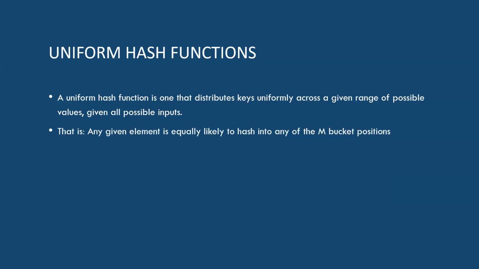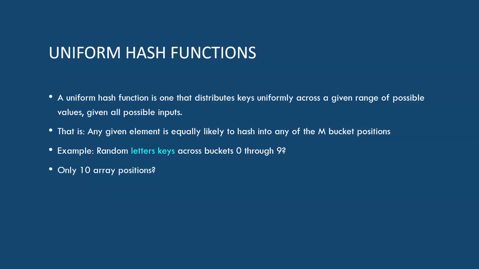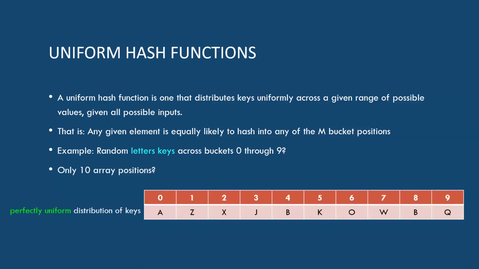One way we think about it is that ideally there's an equal likelihood of hashing into any one of the bucket positions. So the chance that a particular bucket gets a key would ideally be equal to any of the other buckets. Random letters should fill up buckets 0 through 9 pretty easily. That would be a perfectly uniform hash.